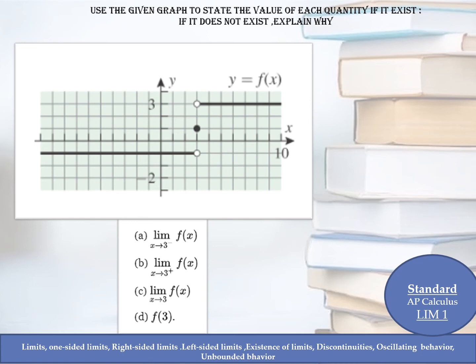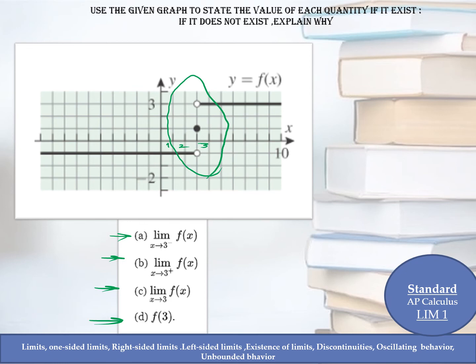Now look at this graph. Limit x approaches 3 from the left side, from the right side, from both sides, and the function value specifically at 3. So where will we read? This is 1, this is 2, and this is 3. So we will look at this area now.